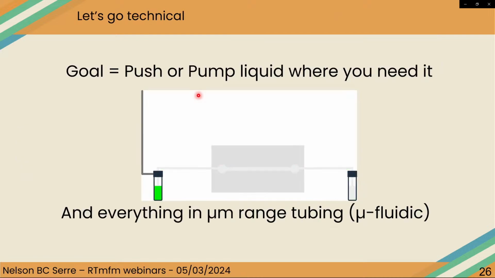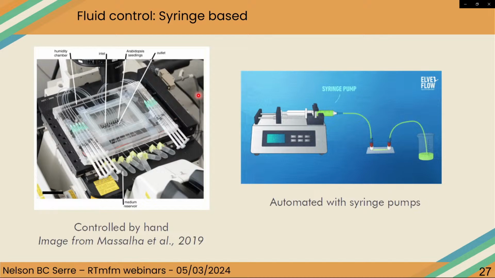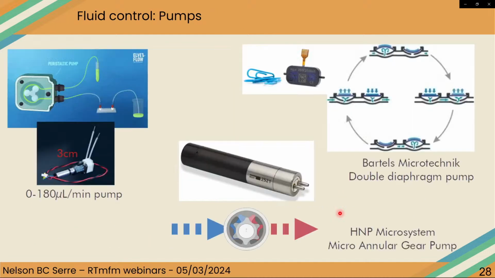So let's go a little bit more technical now. So the goal of microfluidics is to push or pump liquid wherever you need it. And as I said, everything in the range of the micrometer for microfluidics. So to push the liquid, literally you can have the liquid in a syringe and either operate it manually, which was done in the Masala paper, or you can use automated syringe pumps.